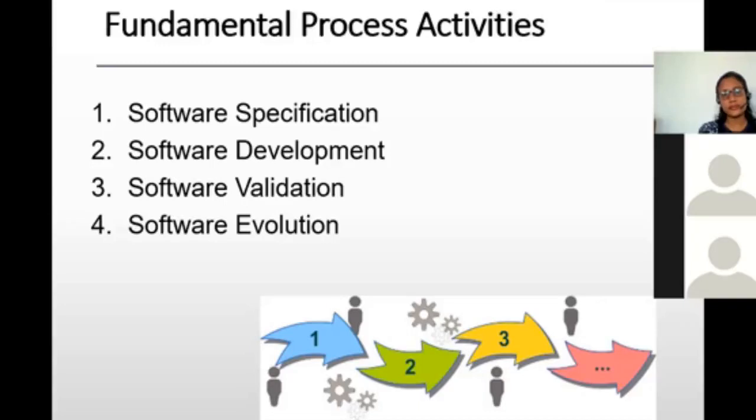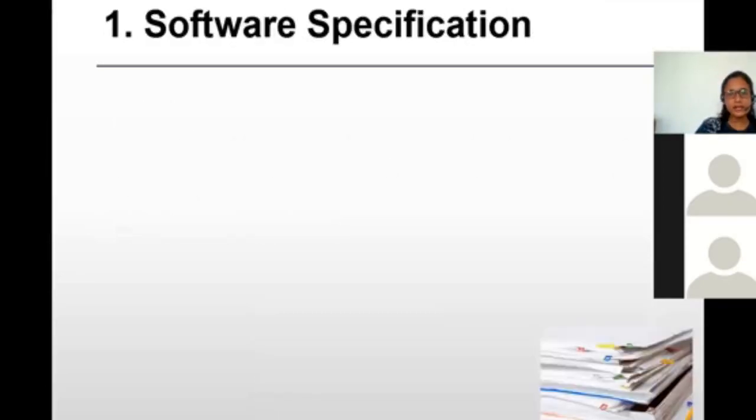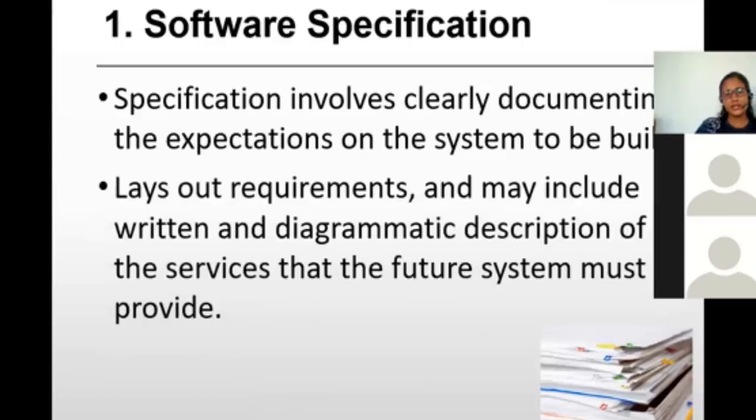Sometimes they may need a different environment. We have already implemented it for Windows, now they need it for an iOS environment or Apple laptops. Then we need to make those changes. That modification belongs to the software evolution phase. So those are the fundamental activities.